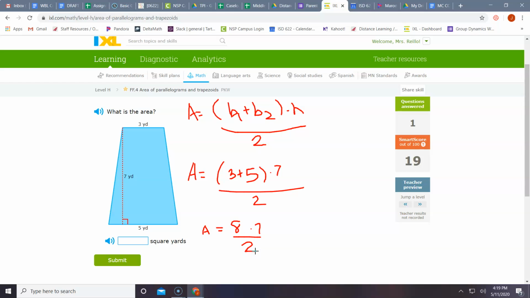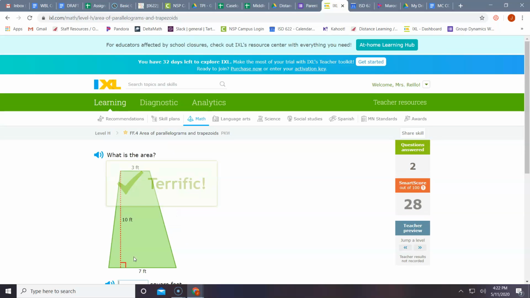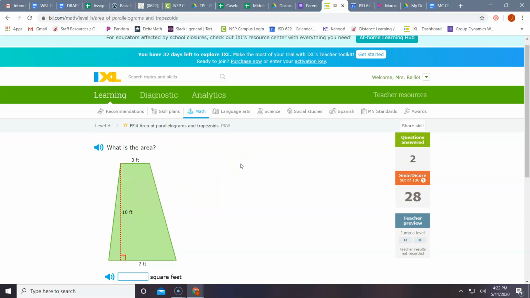And we know that 8 times 7 gives us 56, and we'll divide that by 2, and our total should end up being 28. There we go. All right.